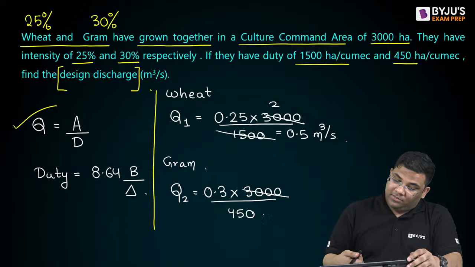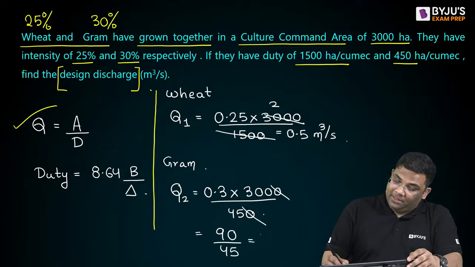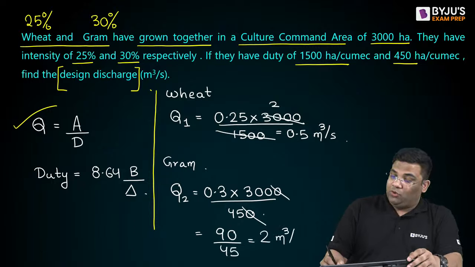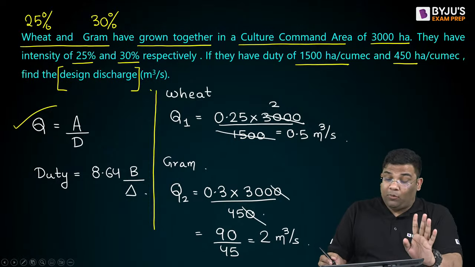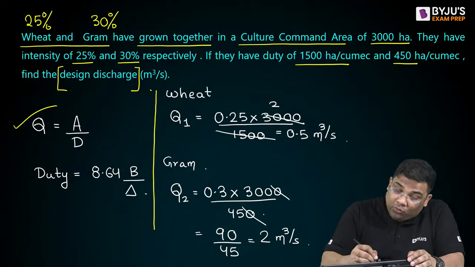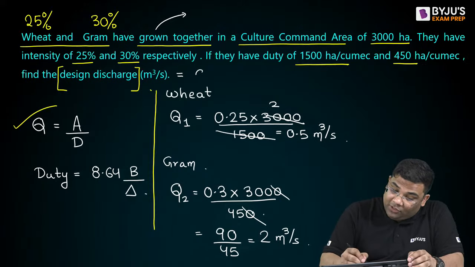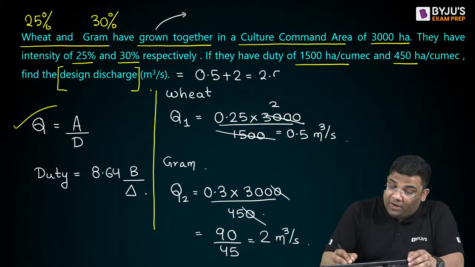You can do something like this: this will be 90 by 45. So I'm getting 2. So for gram I am getting 2 and for wheat I am getting 0.5. And since both are grown together, this design discharge will be 0.5 plus 2, making it 2.5 meter cube per second.